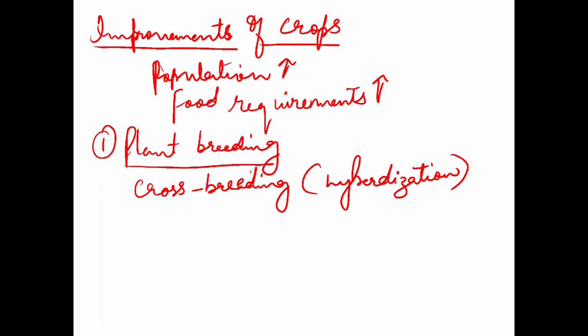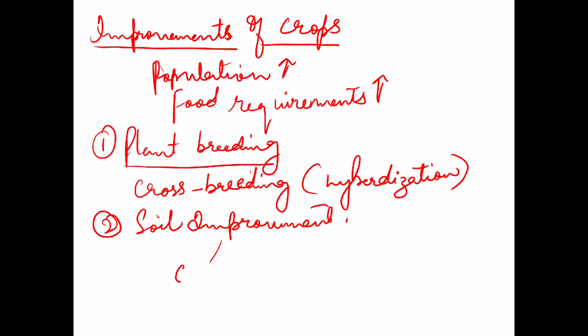Number 2 is soil improvement. What is soil improvement? इसमें सबसे पहले आता है क्रॉप रोटेशन.